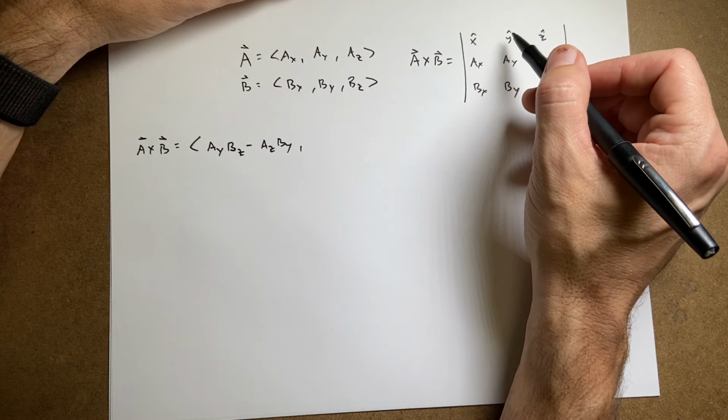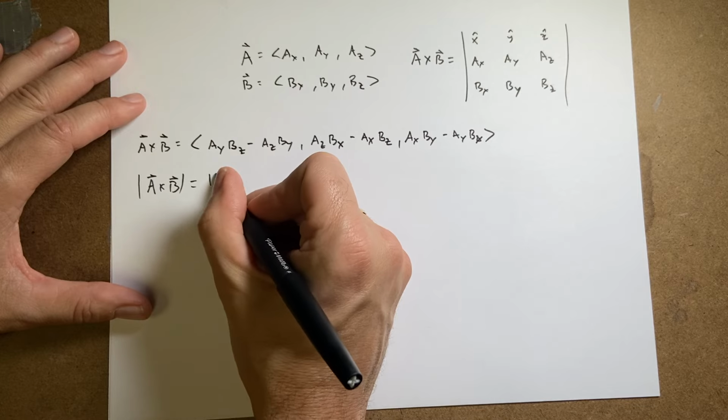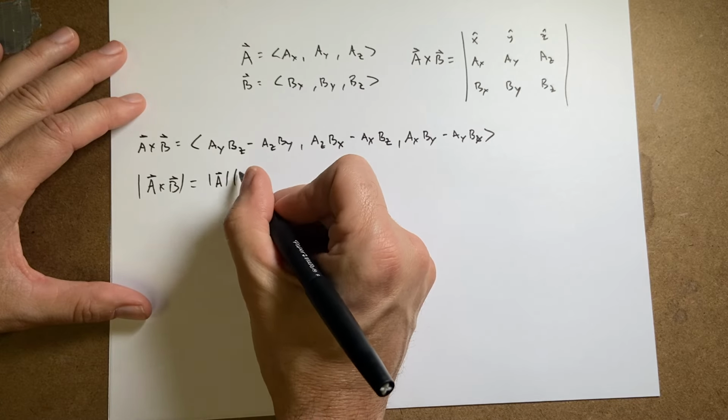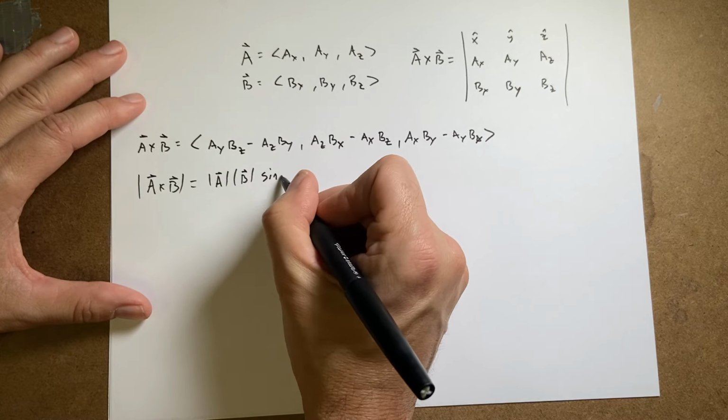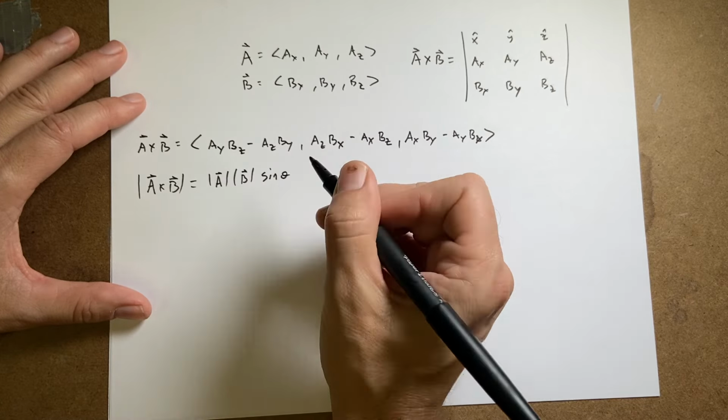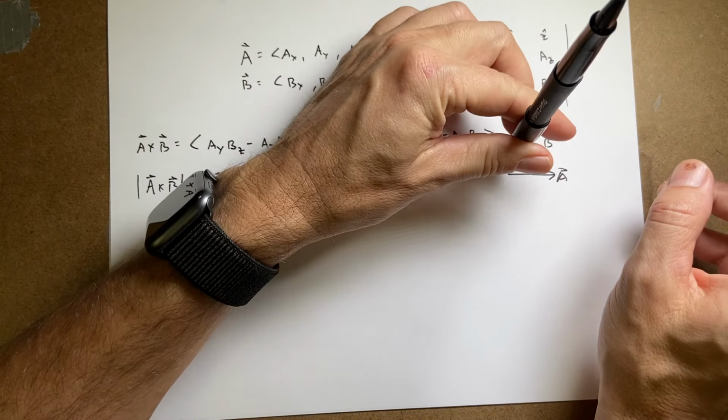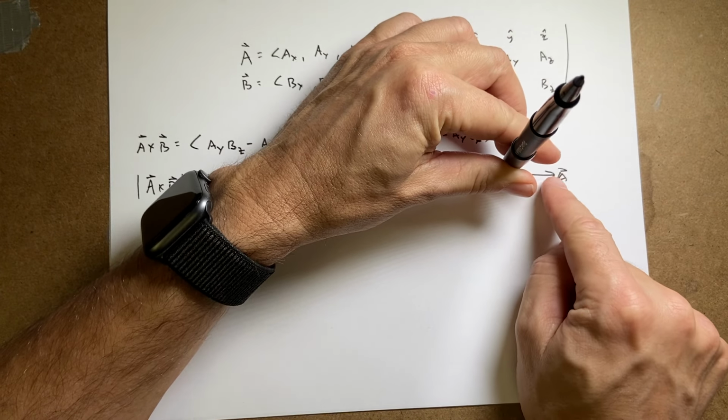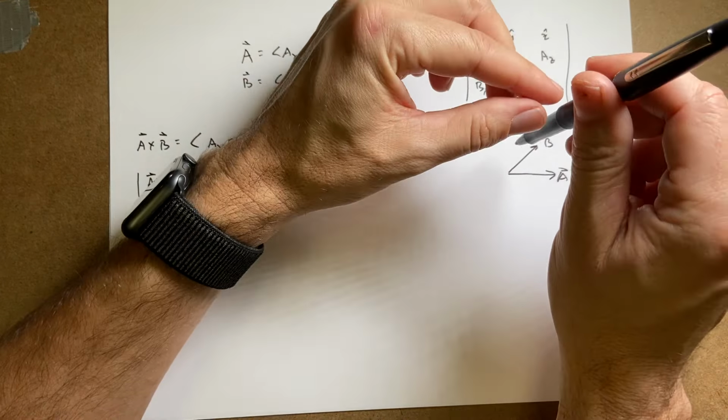Now I can find the magnitude of A cross B, and it's the magnitude of A times the magnitude of B times the sine of the angle between them. The other important thing is that if I have vector A and vector B like that, then the cross product A cross B has to be perpendicular to both A and B. There are only two vectors that do that: one that comes out of the paper, and one that goes into the paper.